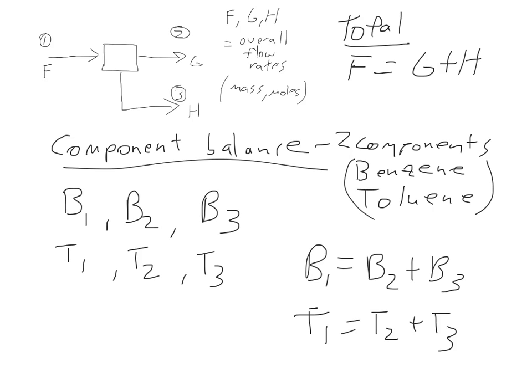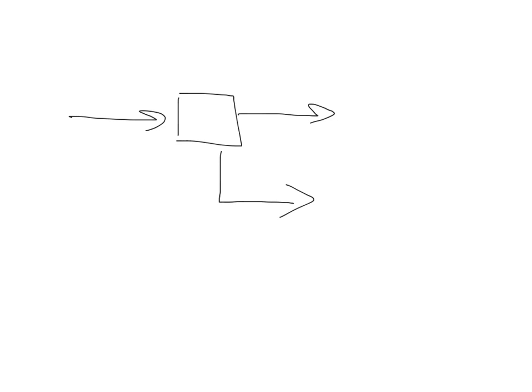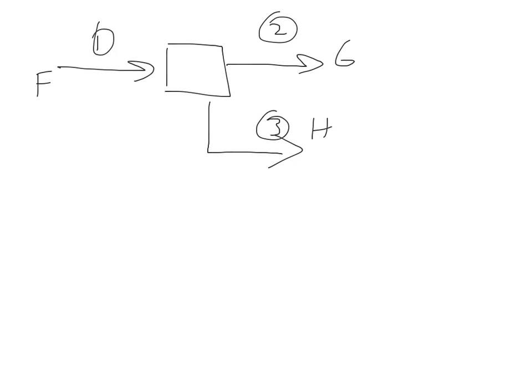Let me talk about the other method, which involves mass or mole fraction. So let me just quickly redraw this. This is 1, 2, 3, and this is F, G, H. And so, again, F is equal to G plus H. Well, now we're going to talk about the mass or mole fraction method.